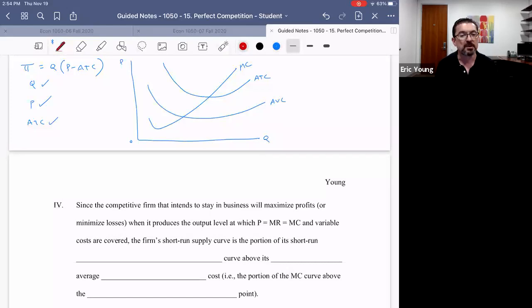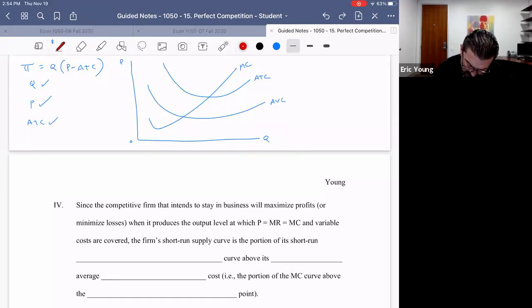Well, we learned that there's a few different potential situations. Situation one, something like this, where the price is above ATC. So you have a profit, you keep on producing. So outcome number one, price is greater than ATC, and the reaction is, awesome, we're making profits, keep producing.